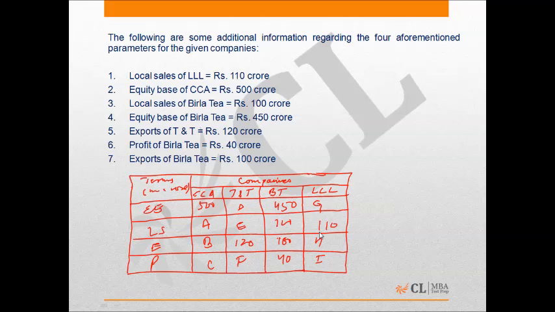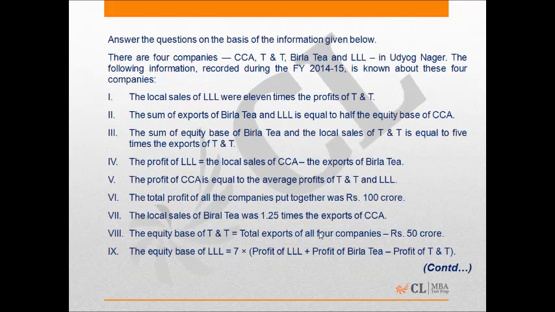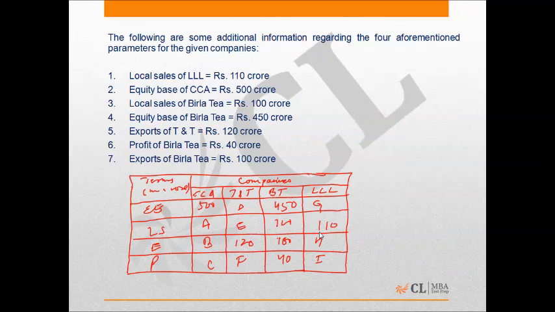Now, according to the first statement, the local sales of LLL were 11 times the profit of T&T. So F has to be 1/11 of the local sales of LLL.